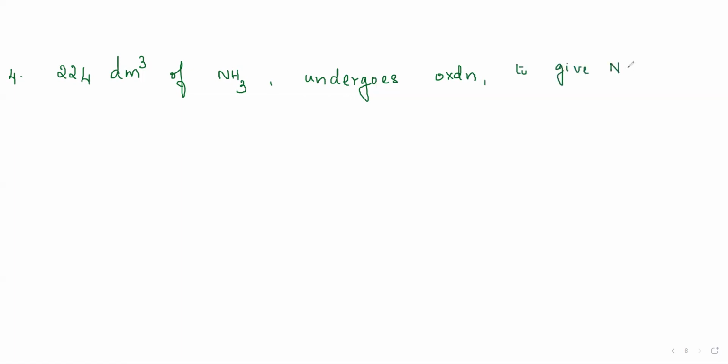Now, moving to the next question. 224 decimeter cube, sorry, 224 dm cube was given in the question anyway, of ammonia undergoes oxidation in presence of a catalyst, which is mentioned, to give nitric oxide and water vapor.